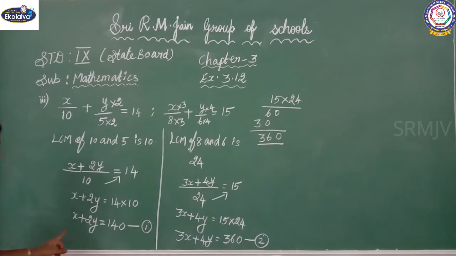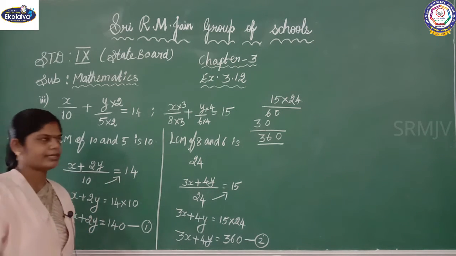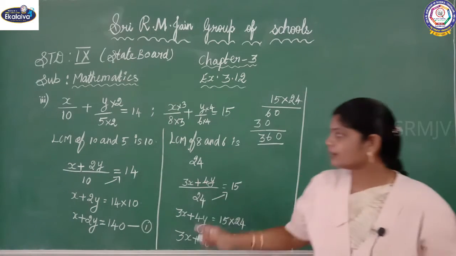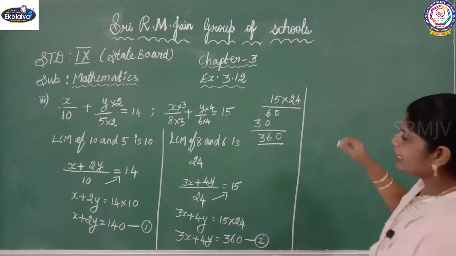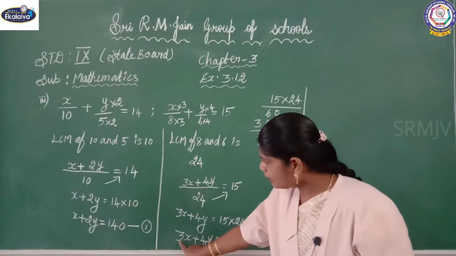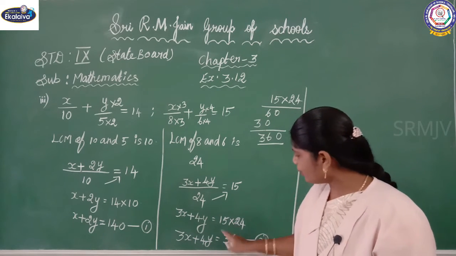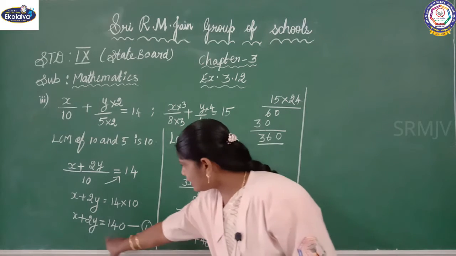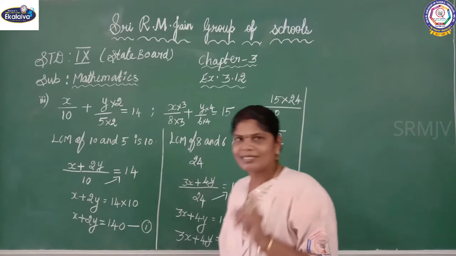Now I am going to solve these two equations. See here, first equation, x plus 2y equal to 140. The second equation, 3x plus 4y equal to 360. In the first equation, the coefficient of x is 1.